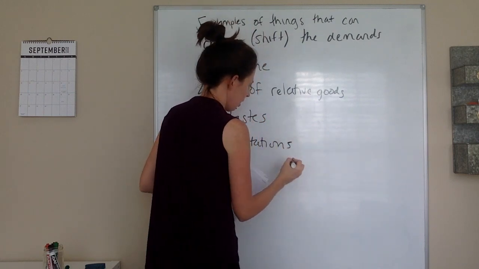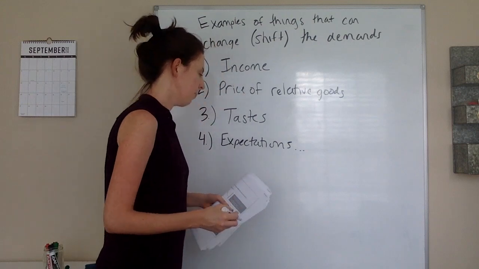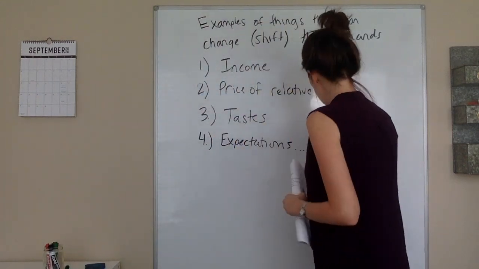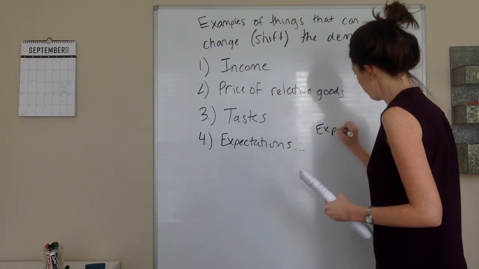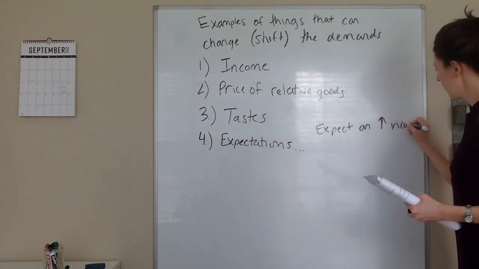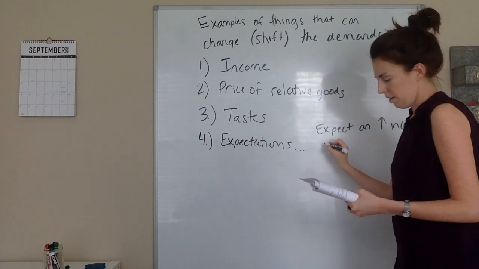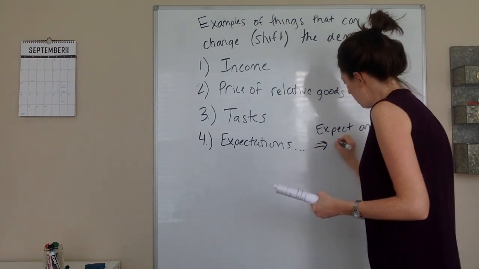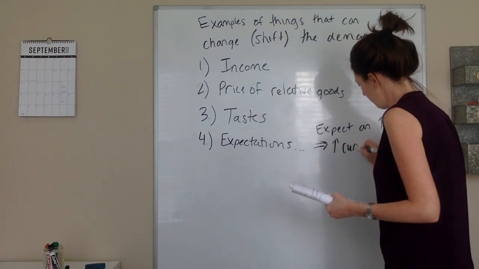Okay, I'm going to write and then I'll talk. So expectations work like this. If I expect an increase in my income, then that's going to increase my current demand.